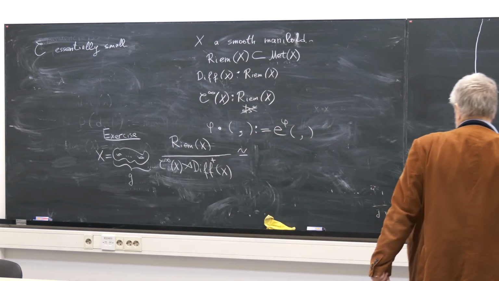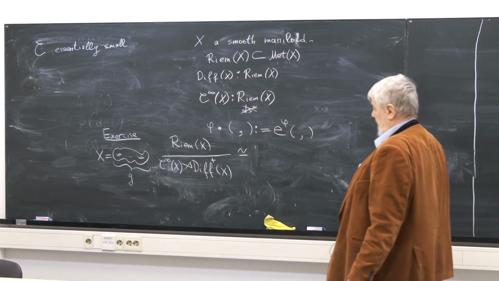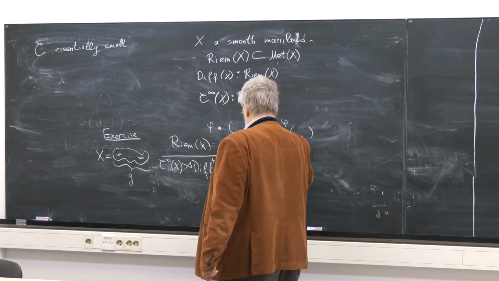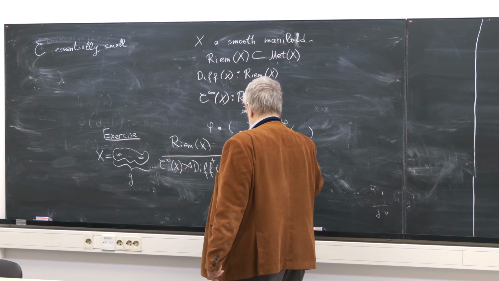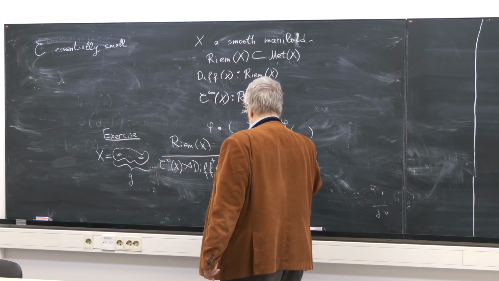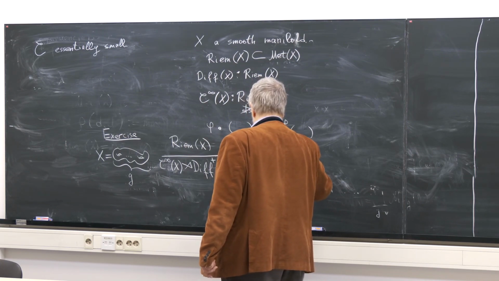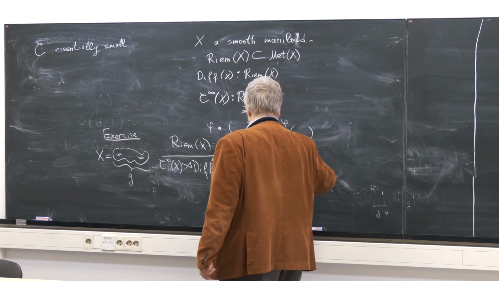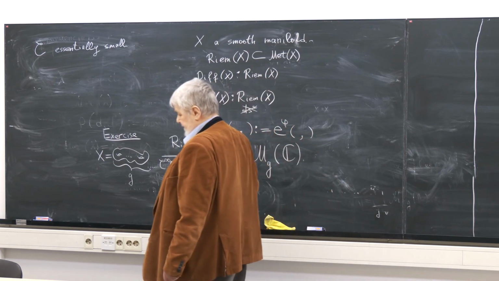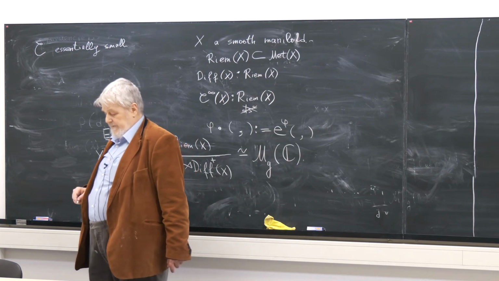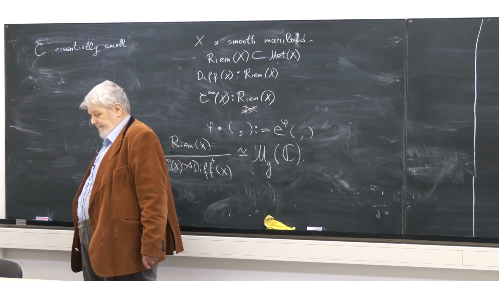And this class of conformal metrics, by some analytical theorems, set-theoretically, is exactly the same as the class of complex structures on the curves of genus g.